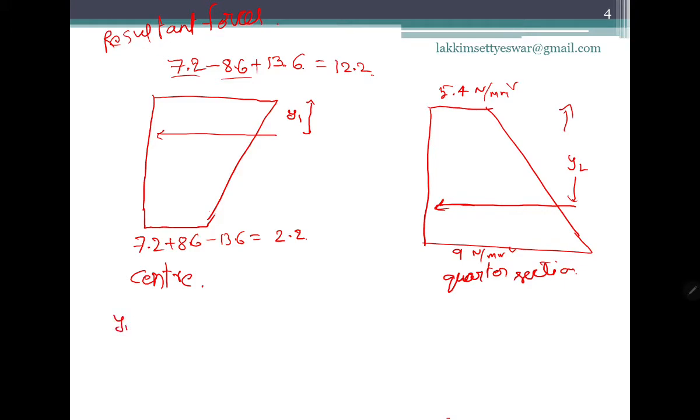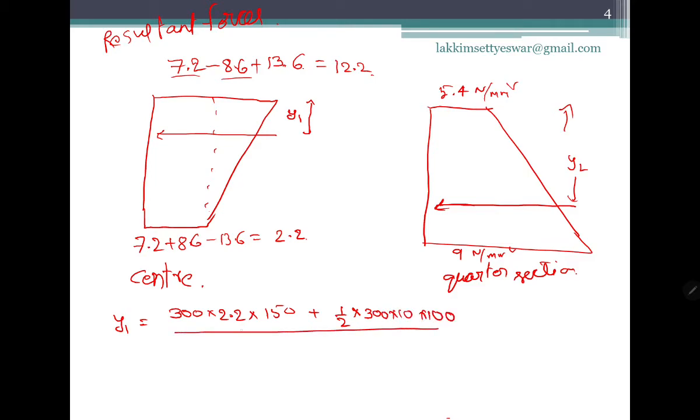To calculate y1: 300 into 2.2 into 150, this one is as one rectangle. The other one is a triangle, so half into base into height into centroidal distance, divided by total area, that is 115 mm.